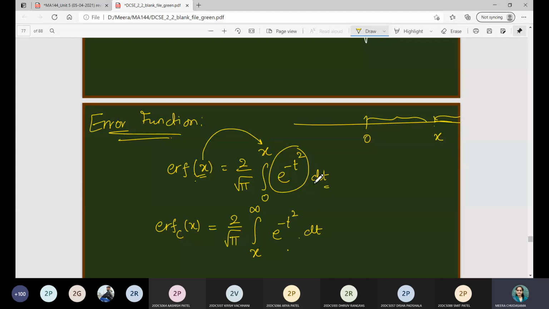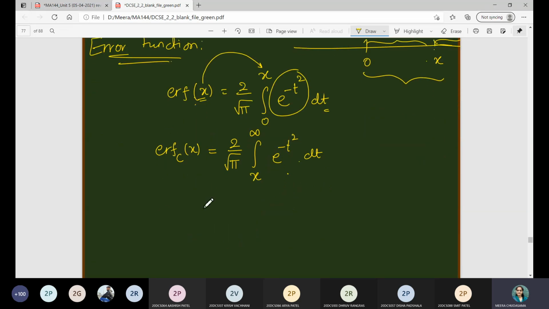Both of these definitions contain the same integrand as well as the same multiple, but the change you have to remember is that for 0 to x, the error function is defined, and for x to infinity, the complementary error function is defined, right? There are certain properties of the error function. Actually, this is the Gaussian function; when you go to higher semesters you will consider the Gaussian function in statistics.